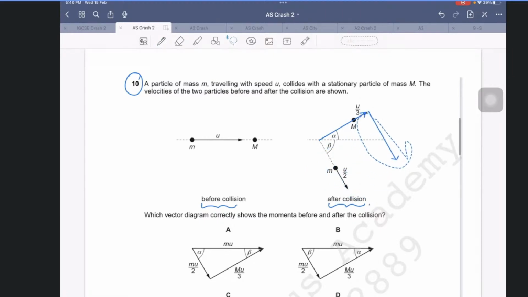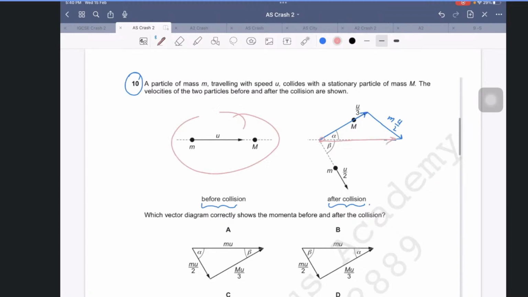If this is M, then you can make this a head to tail rule. Let me just draw it like that. So you make it a head to tail rule. This vector is going to be mu2, and then both of them have just one resultant, which is this vector.